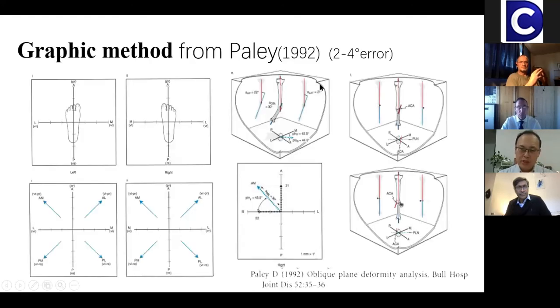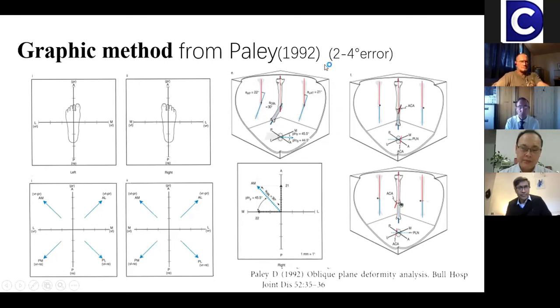So Dr. Pelly found an easy way to evaluate the oblique deformities. He named this the graphic method, in 1992. I think it is a similar way, but a little simpler.